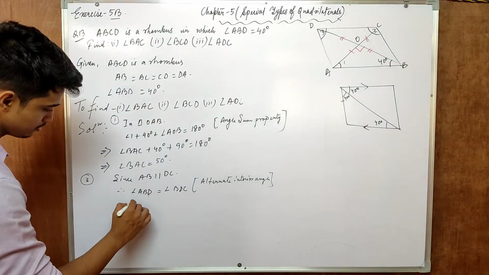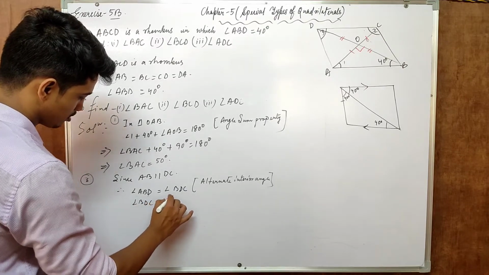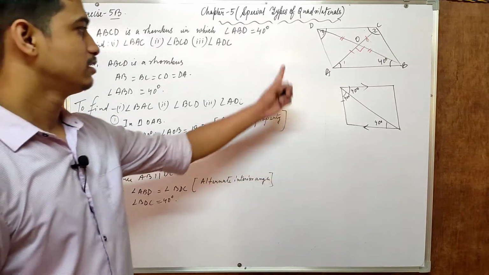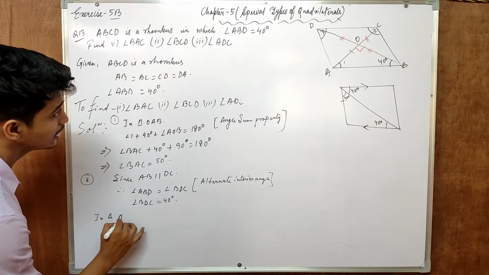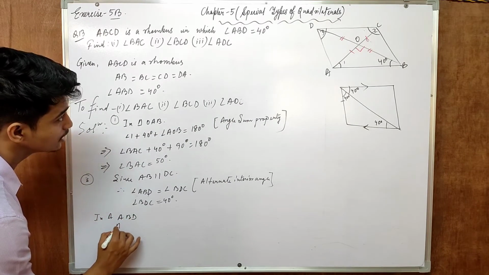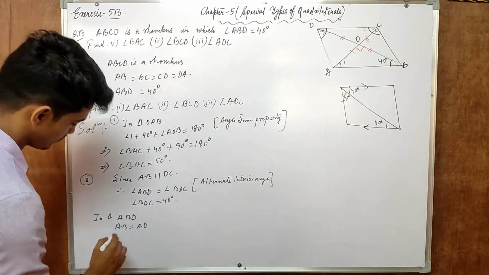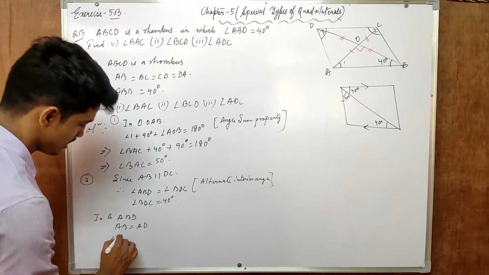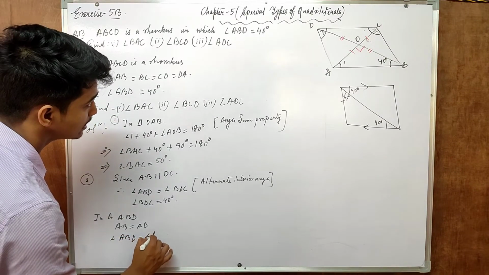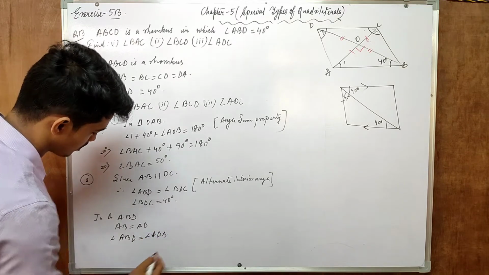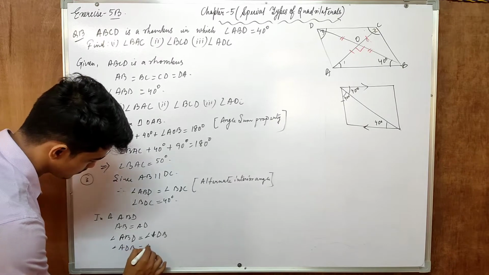So angle BDC becomes 40 degree, right? After that, we know that in triangle ABD, AB equal to AD, so that means angle ABD is equal to angle ADB. So again, angle ADB becomes 40 degree.